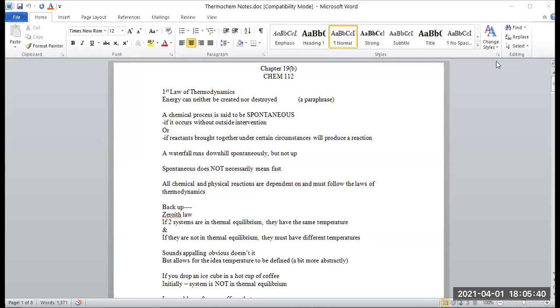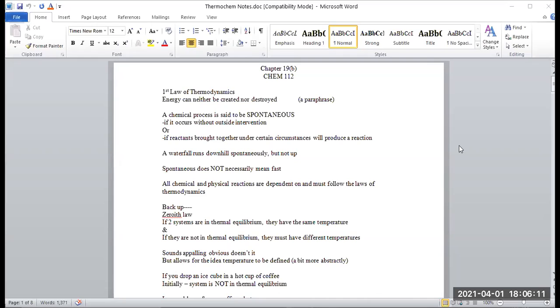All right. Thermochem is kind of interesting. Thermochem is something that we got introduced to in first semester. We even did a lab on it, the whole coffee cup calorimetry thing. We talked a little bit about delta H's in first semester.